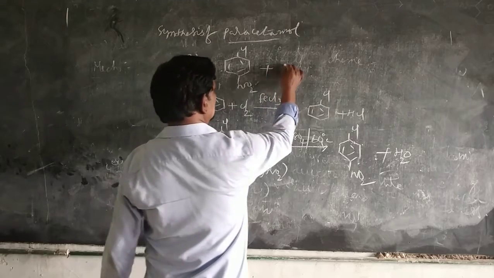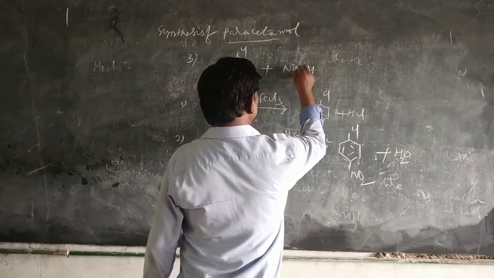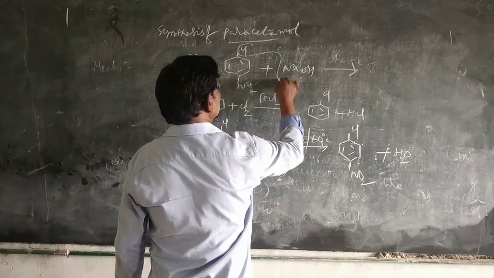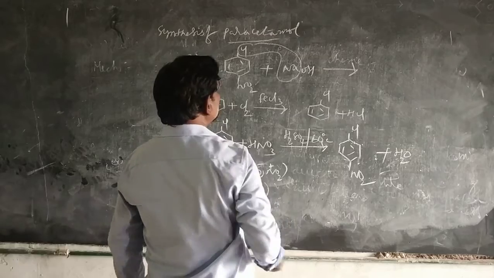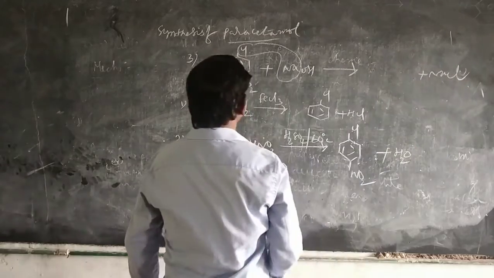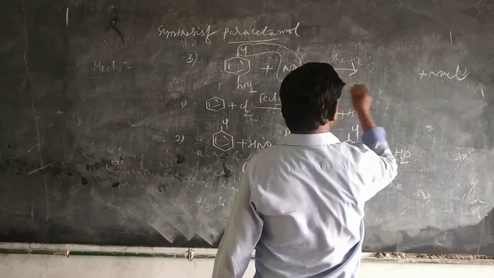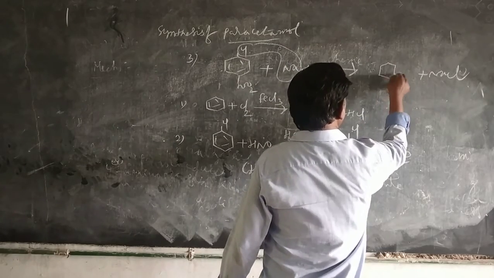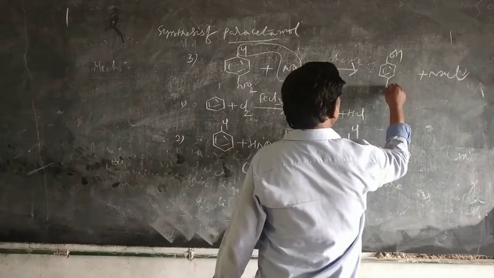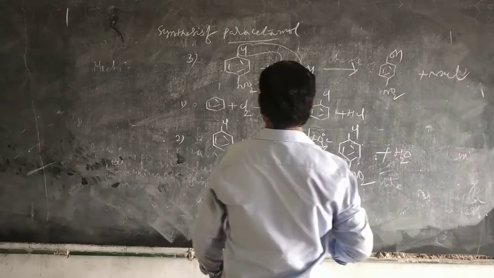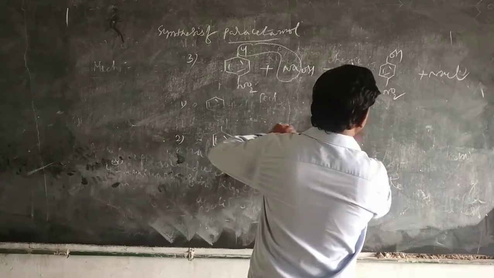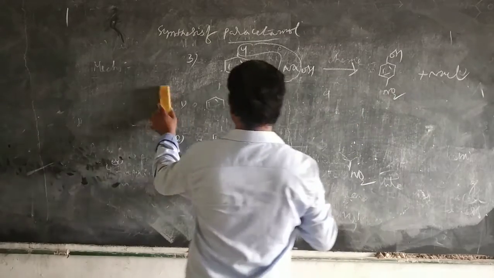Para-chloro-nitrobenzene is treated with sodium hydroxide. Here the chlorine is eliminated as NaCl, and OH is substituted in its place, with the remaining NO2 as usual. This is para-nitrophenol.